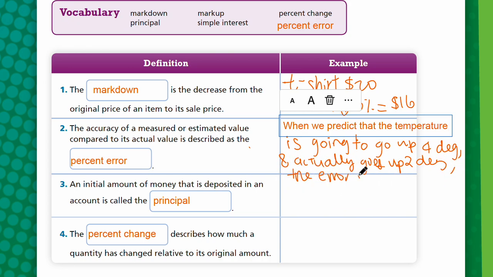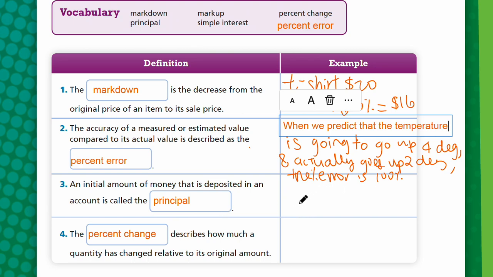The error is 100%. The percent error is 100% because we estimated 2 degrees more, and 2 is actually how much it went up.